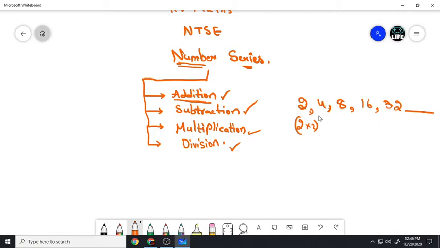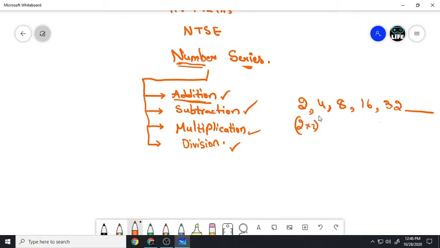So today let's talk about addition series. In addition series, I'll give you a question like 1, 2, 3, 5, 8. What is the next number?